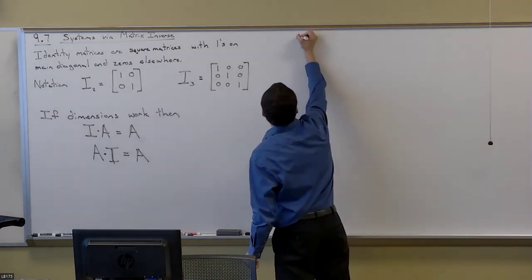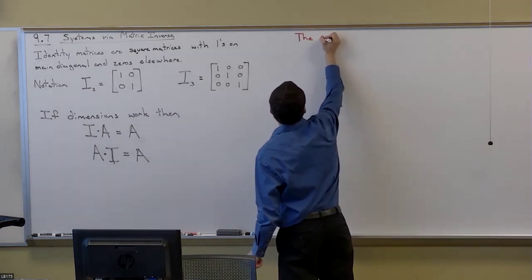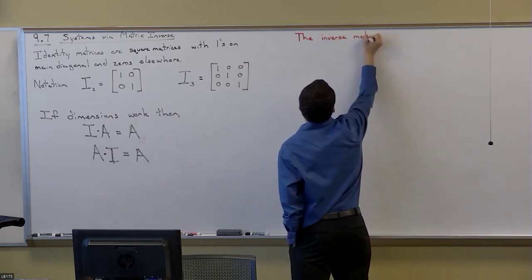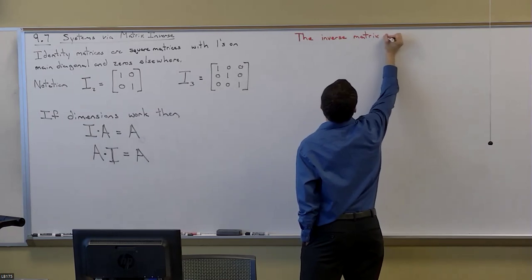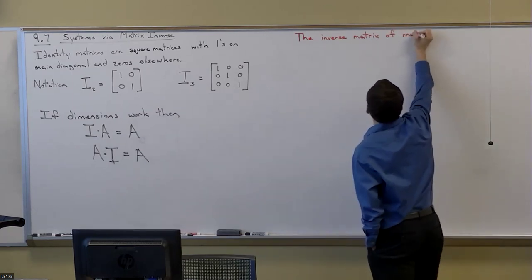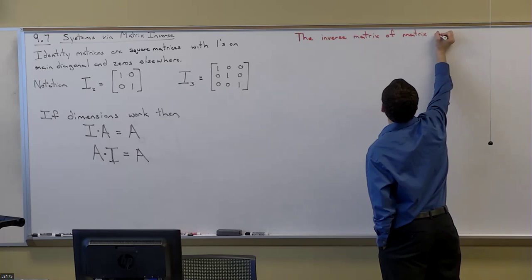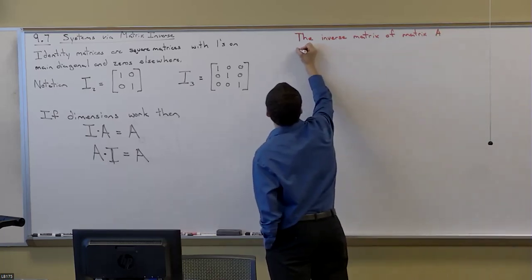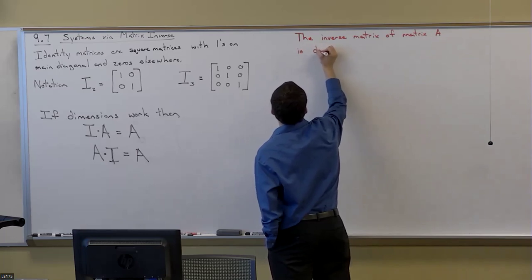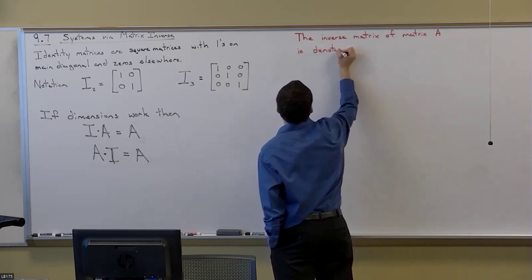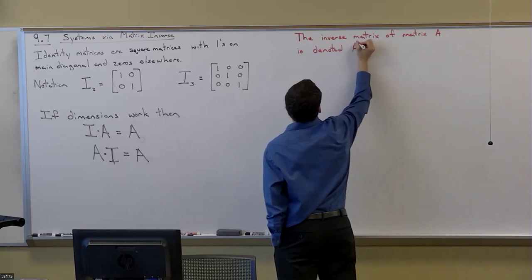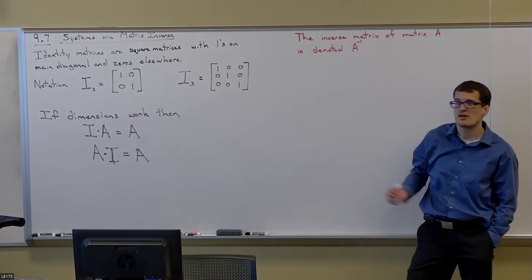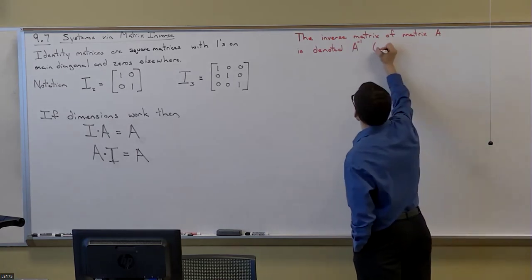Now, the inverse matrix of matrix A is denoted A to the -1 power, when it exists.